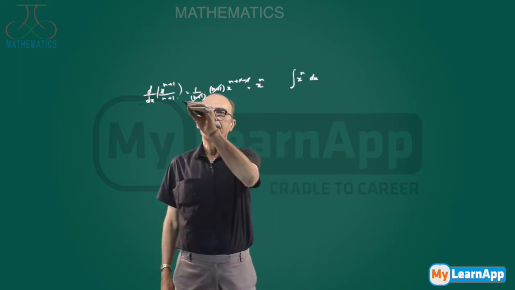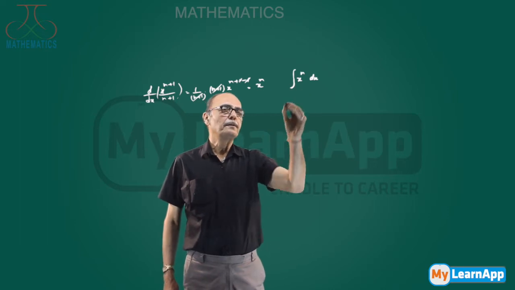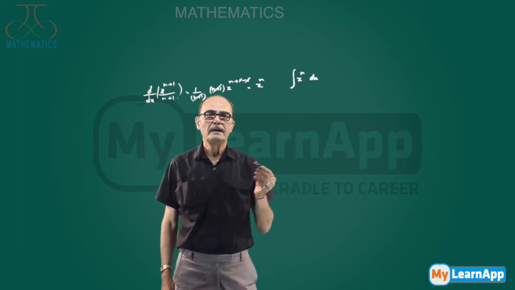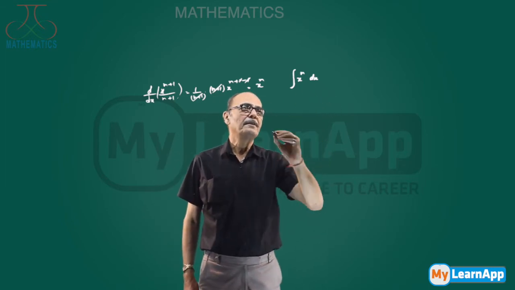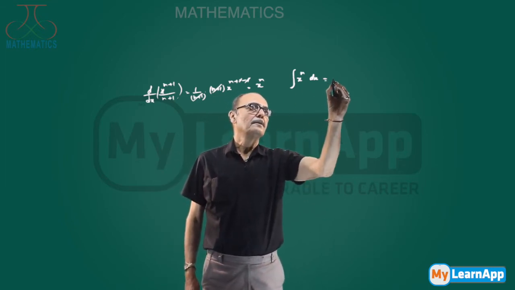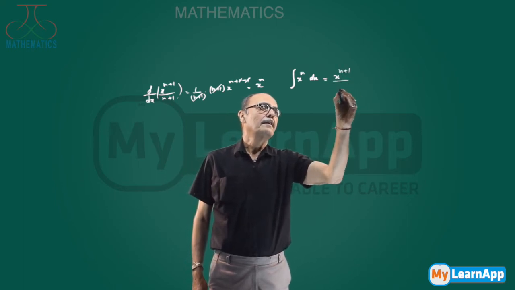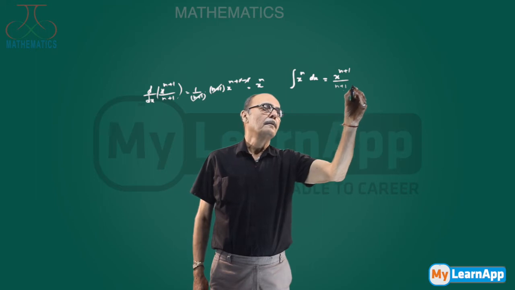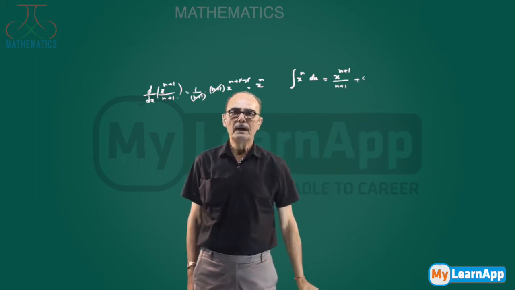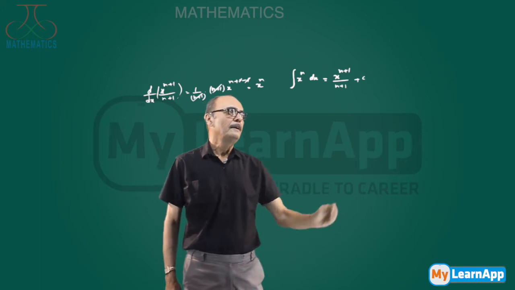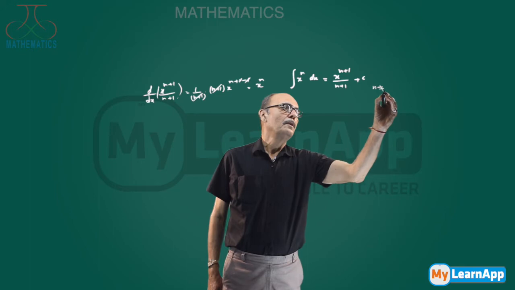If we differentiate this function, we get this, but the reverse process is, if we integrate it or find the antiderivative of this, it is equal to x raised to power n plus 1 divided by n plus 1 plus constant c. Now, this formula is valid when n is not equal to minus 1.